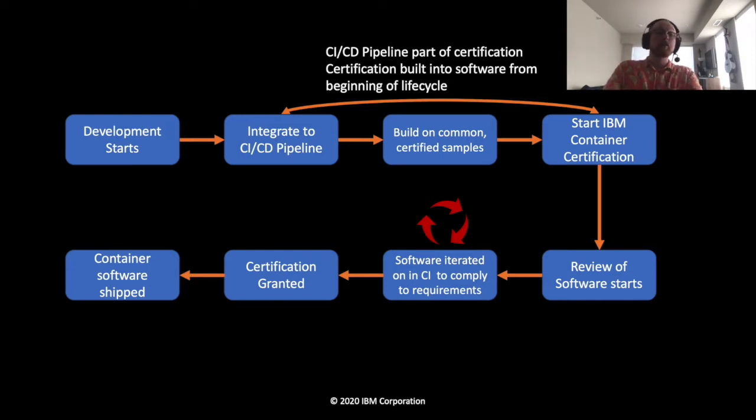So then what happens is that product team works with the certification engineers and the subject matter experts on the team to come up with a way to get in compliance with the requirements, and then that software is iterated on and iterated on and iterated on until eventually it's able to get granted certification when it comes into compliance with our requirements. And then once that certification is granted, that software can be shipped.